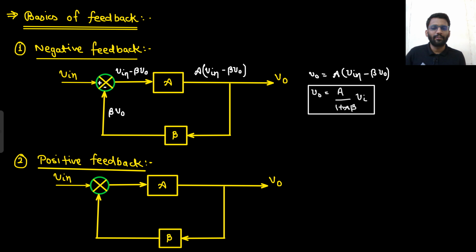And one interesting thing that we saw in negative feedback is that if your V naught increases, then this node will increase. Since it is getting subtracted, this node will decrease. And if this node decreases, since it is getting multiplied with A, this node will decrease further. Are you getting this point?